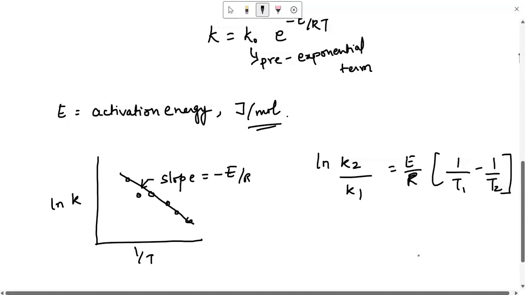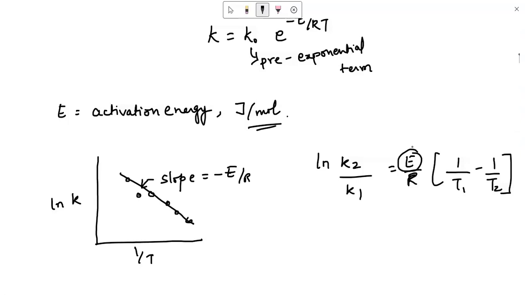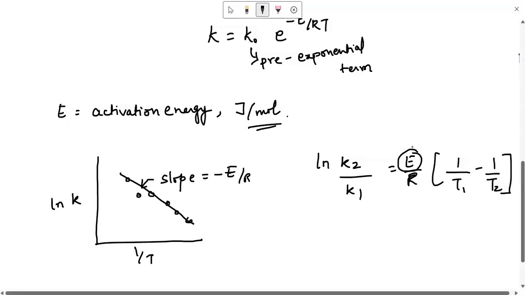Now a shift in this activation energy with temperature definitely reflects that there is a change in the controlling mechanism of the reaction, and this can be accompanied by some change in the concentration dependency as well.